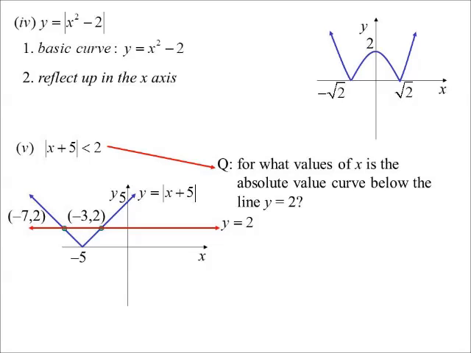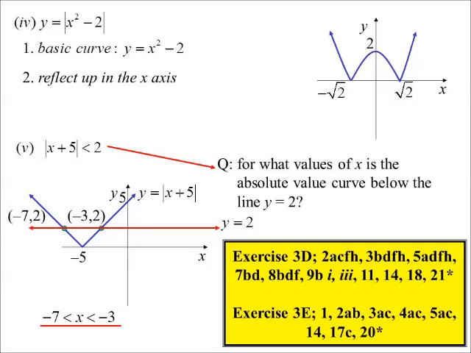For what x values is it below? Well, it's below between minus 7 and minus 3. I'm not suggesting that's a way I probably would go and solve it, but if you already had the graph drawn and they asked you that question, it's probably going to be a quick way of doing it. All right, so a couple of exercises there to play with.